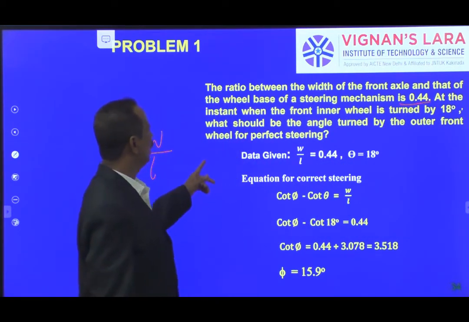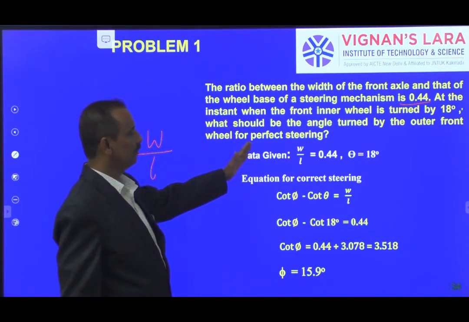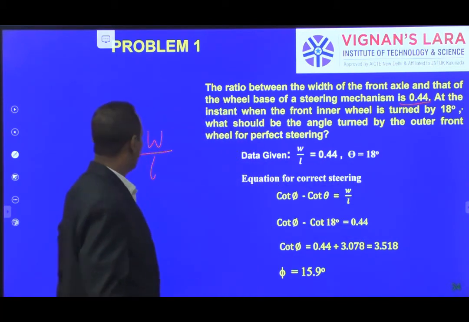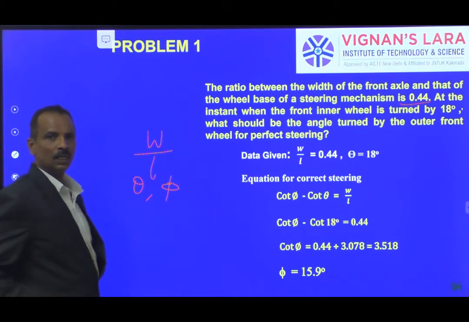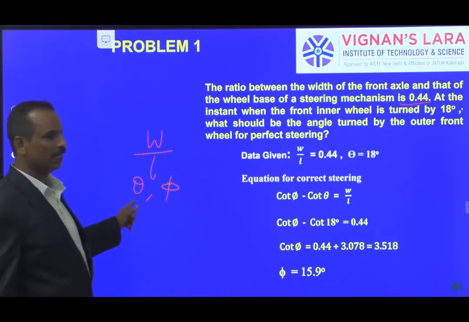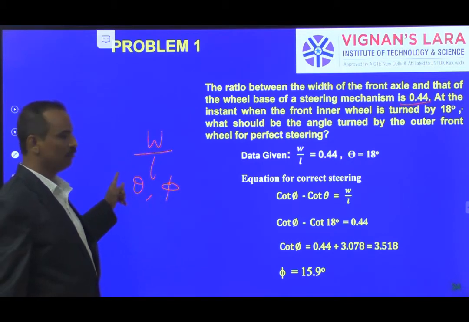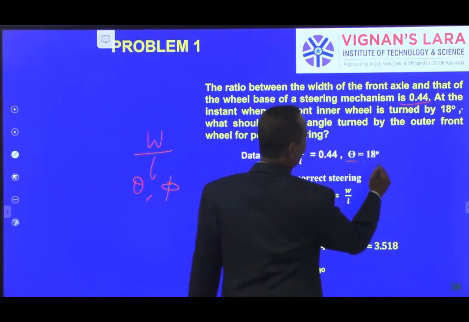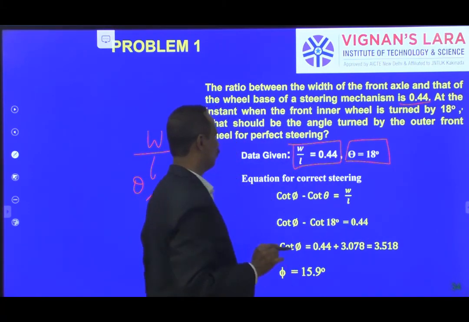Then what is given at an instant? The front inner wheel is turned by 18 degrees. So I have defined theta and phi in the analysis. Theta is the angle made by the inner wheel and phi is the angle made by the outer wheel of the front axle. So he has given theta 18 degrees and W by L is given 0.44.